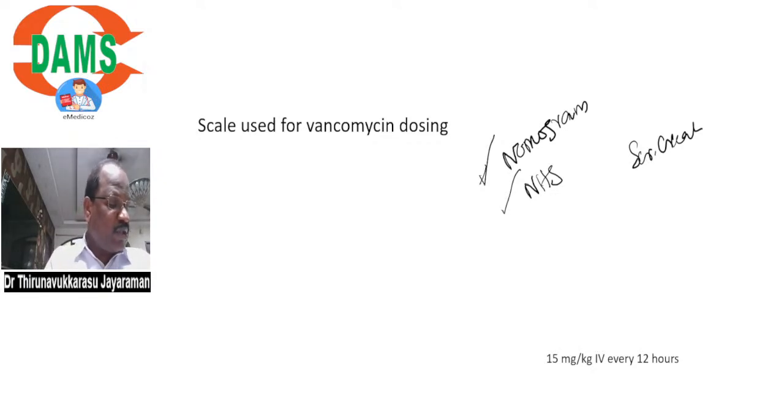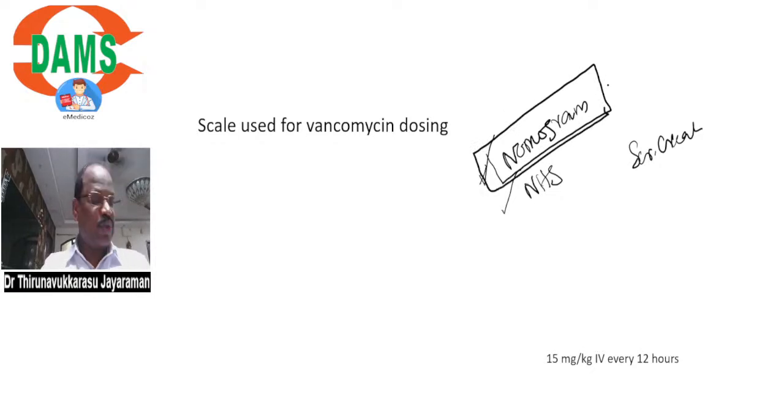Yes, Harsha, good. If nomogram was there, then this is the answer, because nomogram is one of the names given to the scale when the dosing is based on the serum creatinine.